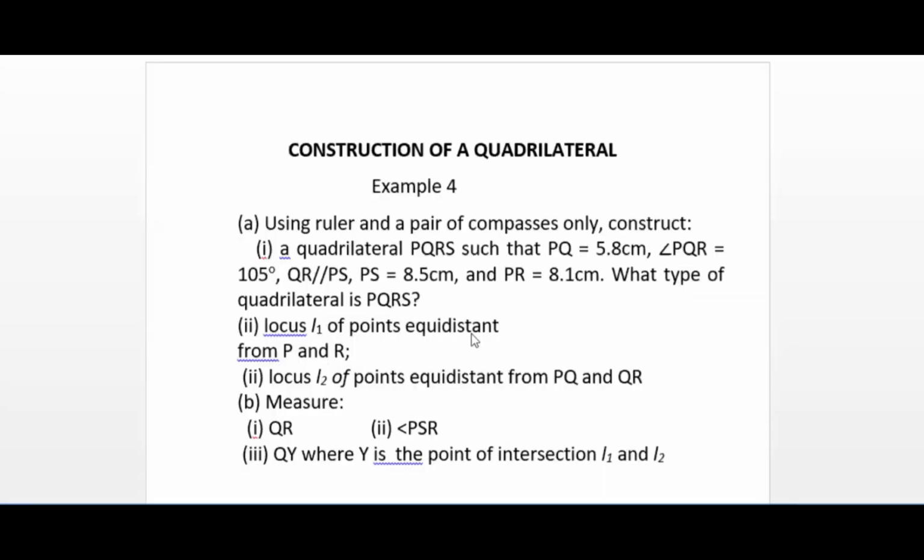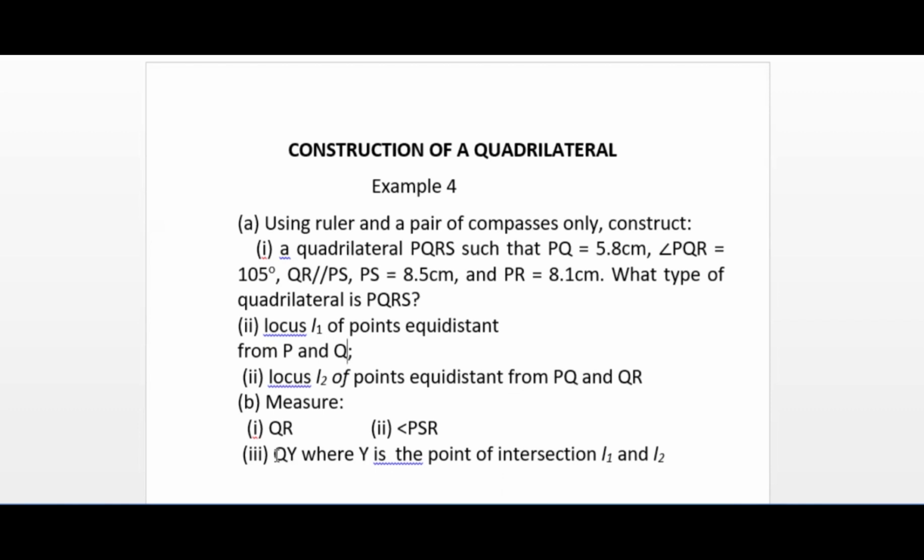Construct L1, the locus of points equidistant between P and Q. And the second one is equidistant between PQ and QR. And they said where the two of them meet, we have Y there.